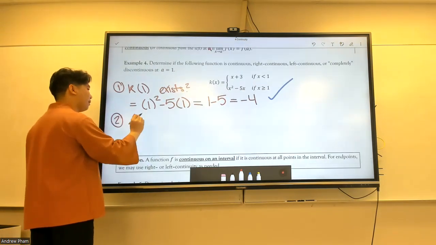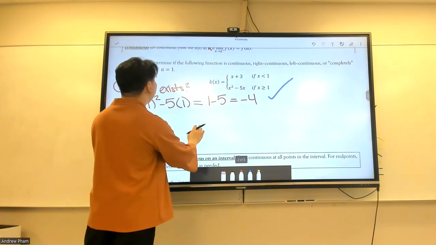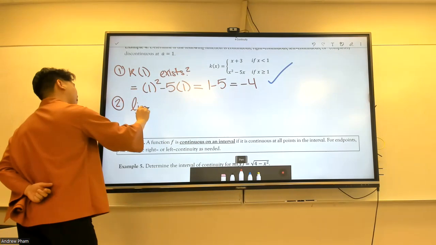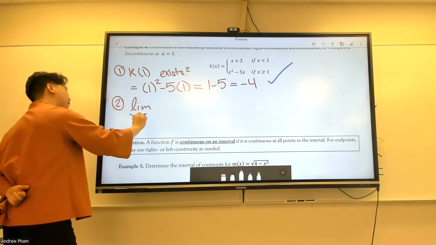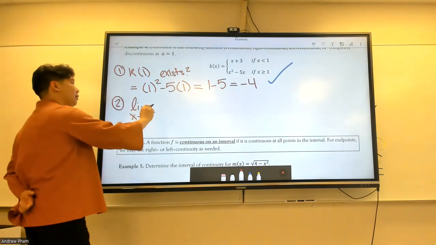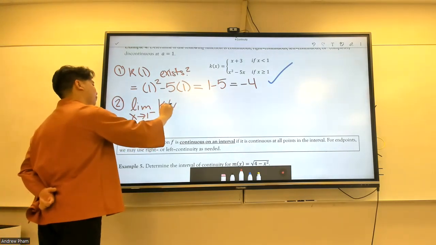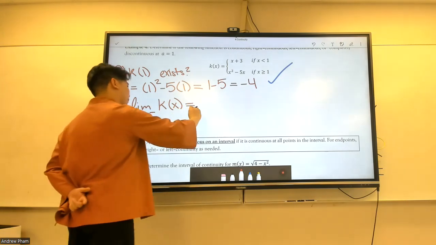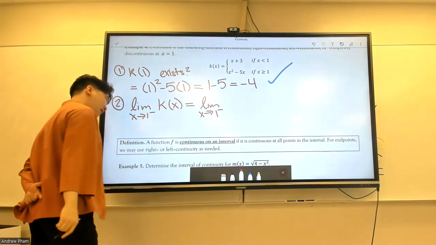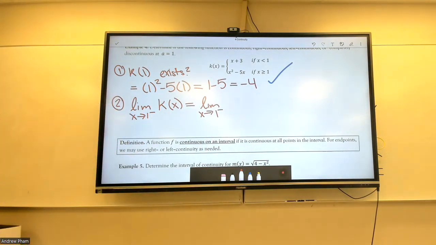The limit as x goes to 1 from the left of k of x. Remember that little minus symbol means from the left. I kind of already alluded to this.